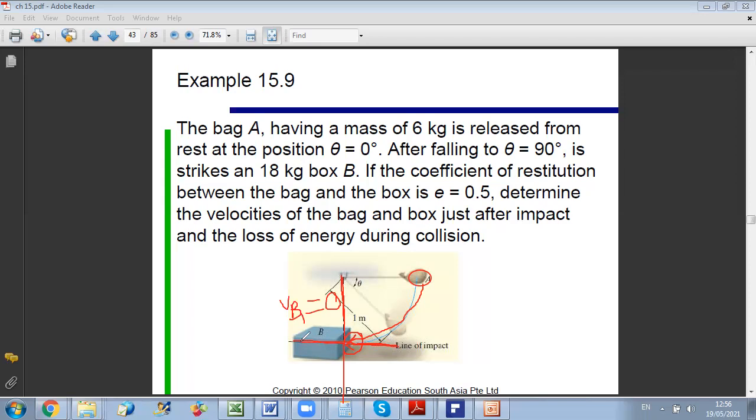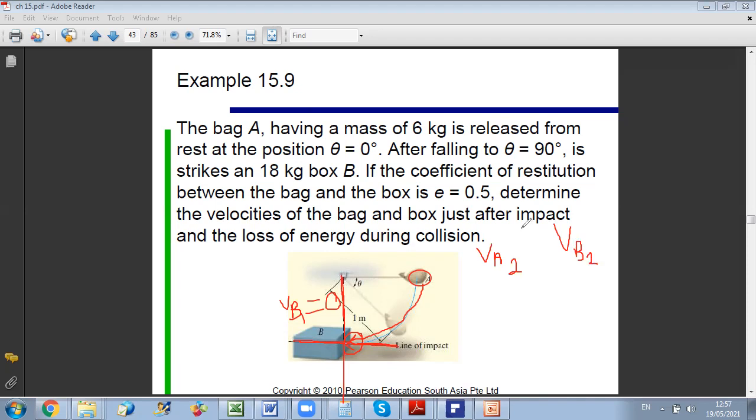So as you can see, the type of impact is central impact because the initial velocity is along the line of impact. Okay, so this is why we can say here that it's a central impact. We just have two unknowns. What are the two unknowns? VA at state 2 and VB at state 2.